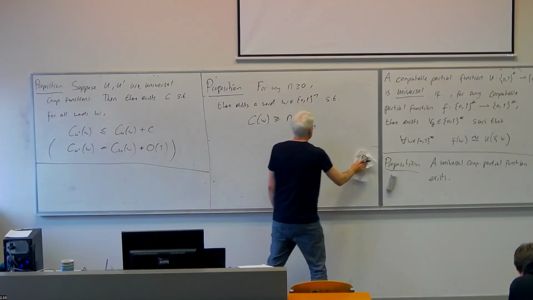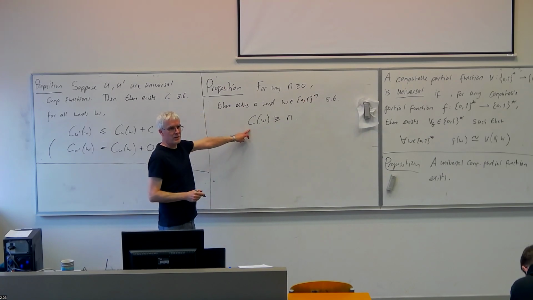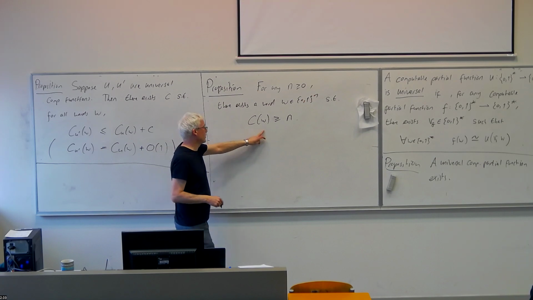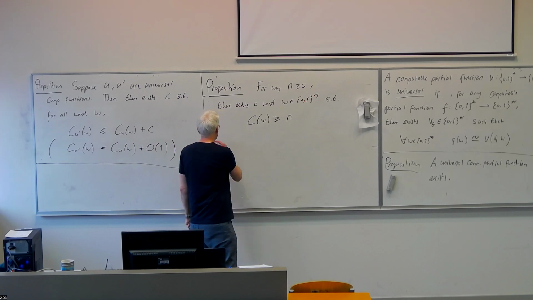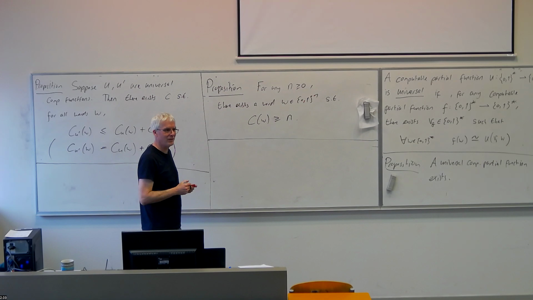Okay. There always exists at least one word whose complexity is, now forgetting about the additive constant, at least n. Can anyone see a proof of this? It's very simple. I mean, not simple to see, but the proof, once you've seen it, is very simple.